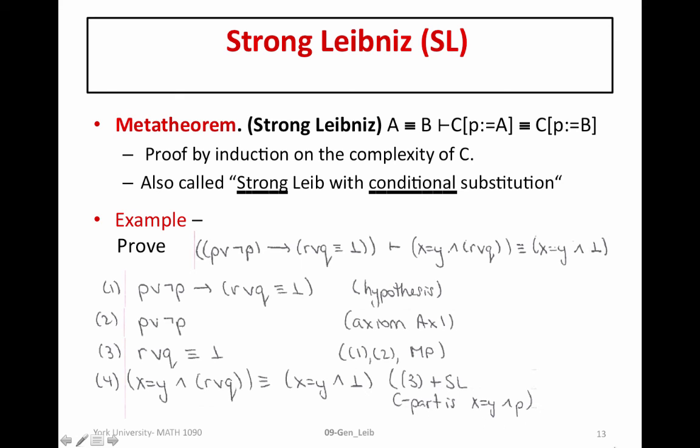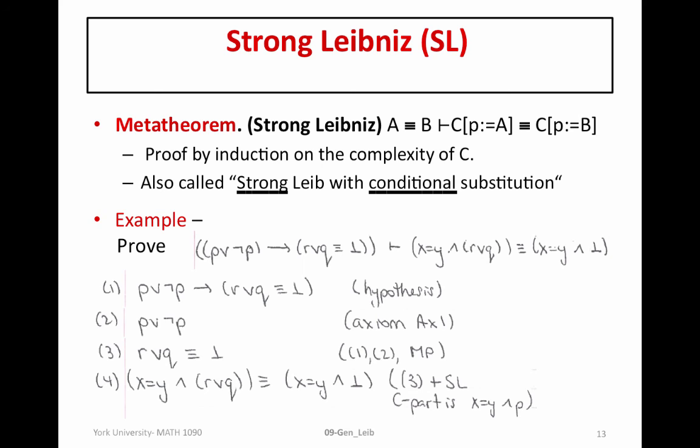Notice that here we didn't write p fresh because we know that p is fresh with respect to everything we use within the Strong Leibniz assumption. So A, B, and C, p is fresh. But it is good practice to write p fresh in each of your proofs, simply to get into the habit in case you do need it.